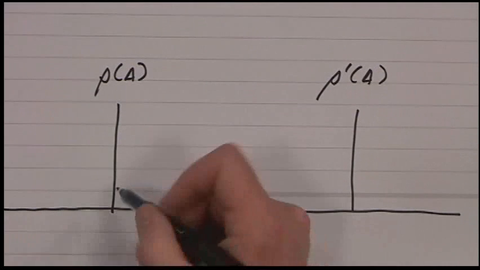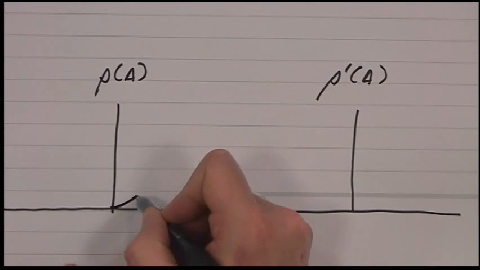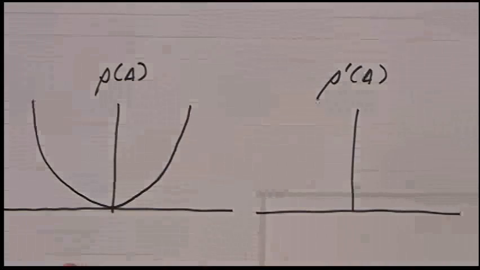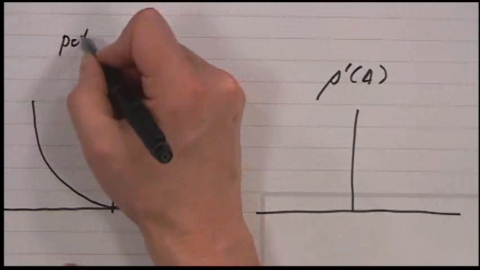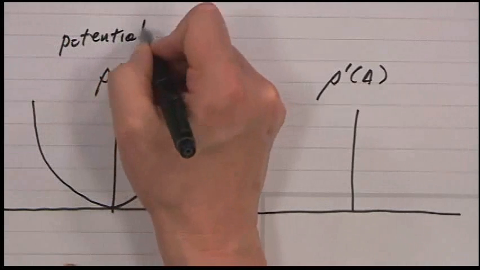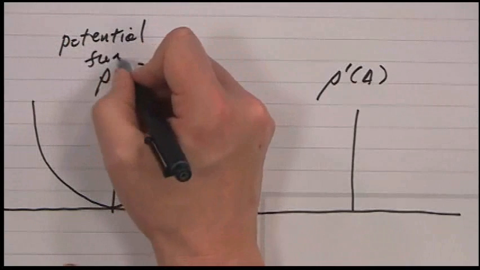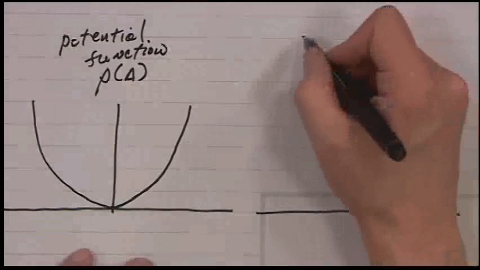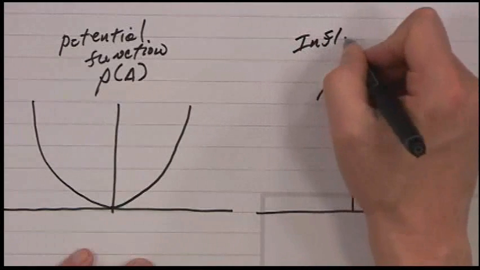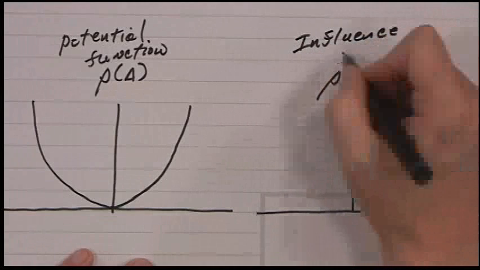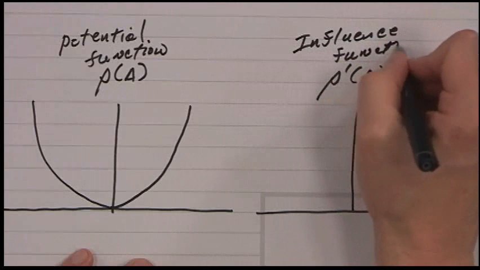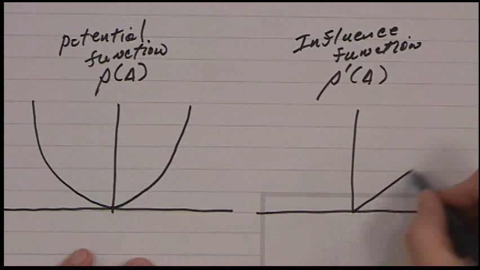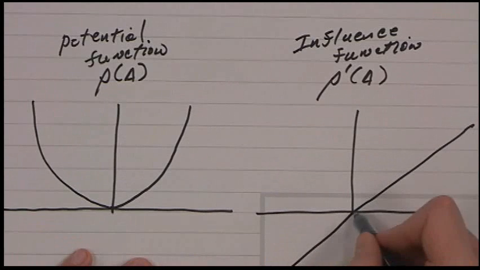A typical case is that this is called the potential function. And the derivative of the potential function is called the influence function. So why is this called the influence function? Well, because if I differentiate it, I get an expression like this.